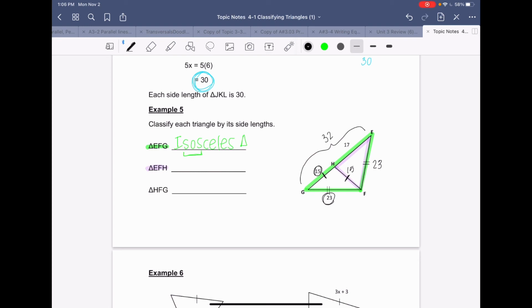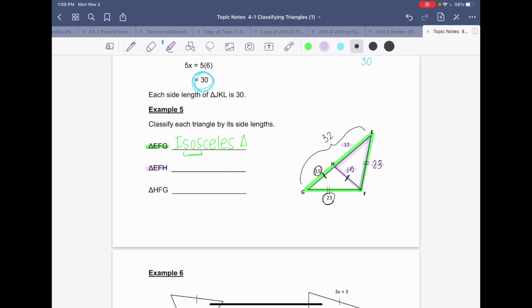Okay, so that kind of solidifies that our triangle EFG right here was an isosceles triangle because EF was 23 and so is GF. But the longest side right here is 32 units long. So now we want to classify EFH. Well, EFH has a value of 17, 15, and 23.